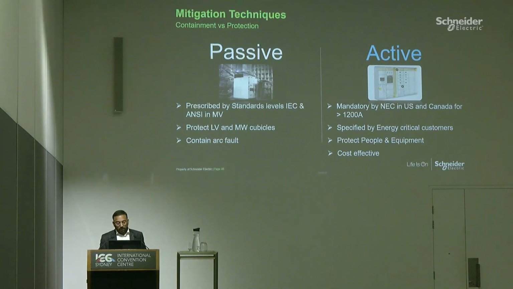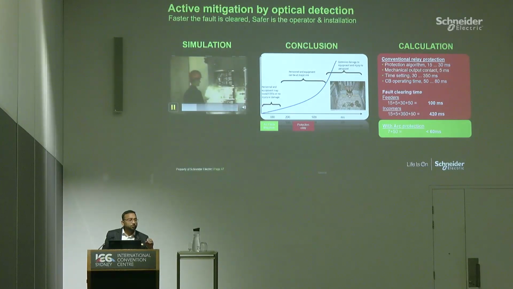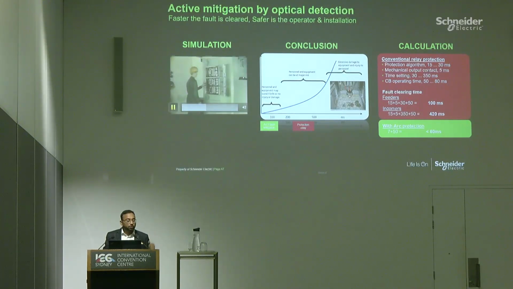So we will go to the next slide, and I will show you a simulation which is done on a dummy with the respective stages of the intensity of a flashover or an arc. If you see this video, an experiment was conducted where arc flash was there for a few milliseconds, I would say, and it shows the damage which can be done to the equipment or to the operator.